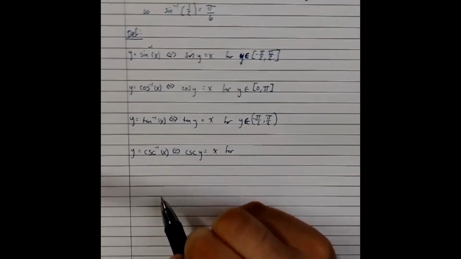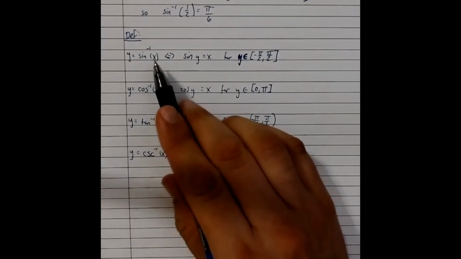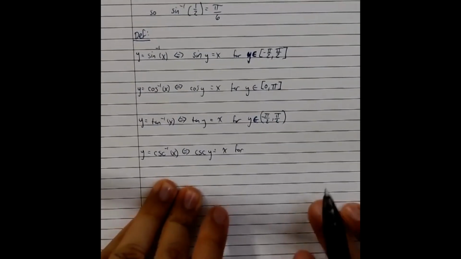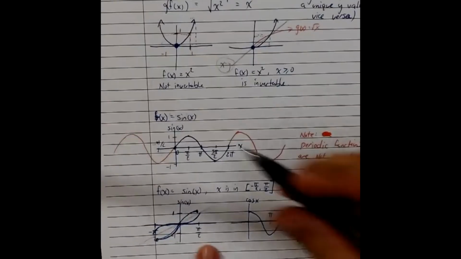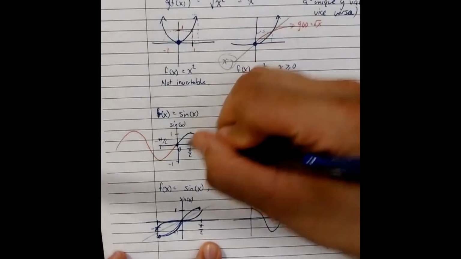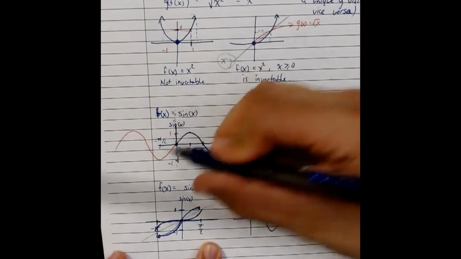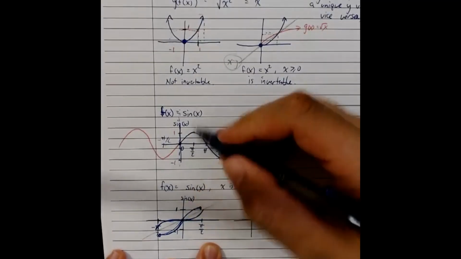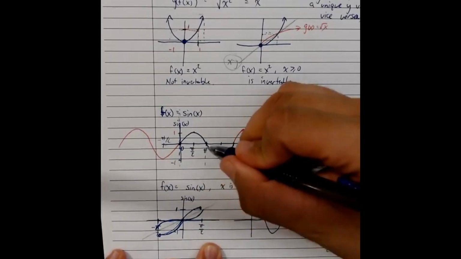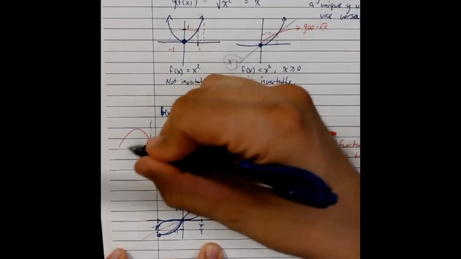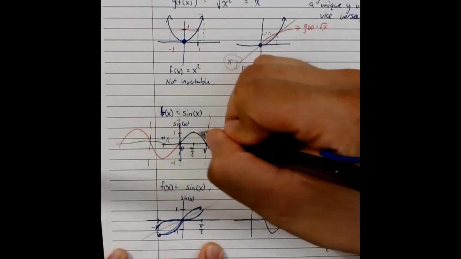Thinking back to chapter 4, when we graph the sine and the cosecant functions, if this was our sine function here, then wherever you have sine of x equals 0, which is at 0 and at pi and at negative pi, here you have asymptotes.